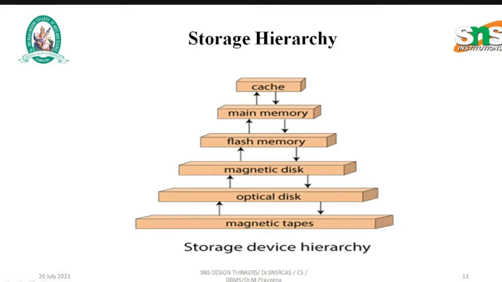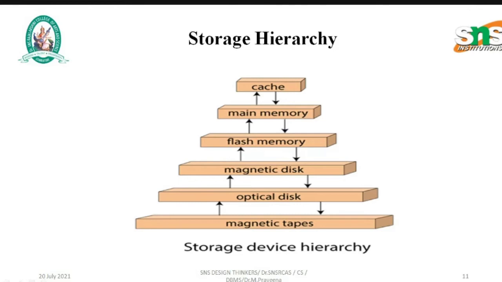Storage hierarchy. Here, let us see about the storage hierarchy of the data stored in the database. First, we see cache memory and main memory. These are examples of primary storage. In these memories, we can retrieve the data very fast. Whereas flash memory and magnetic memory are a little bit slow compared to cache and main memory.